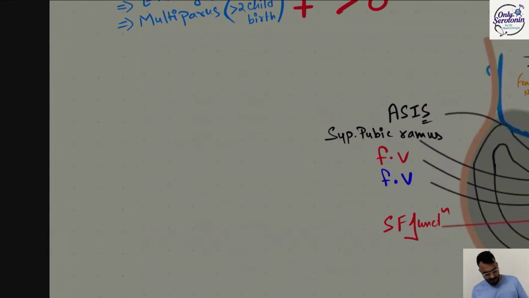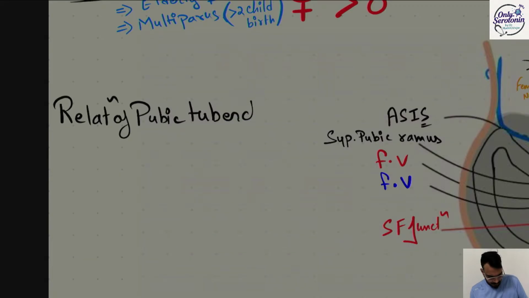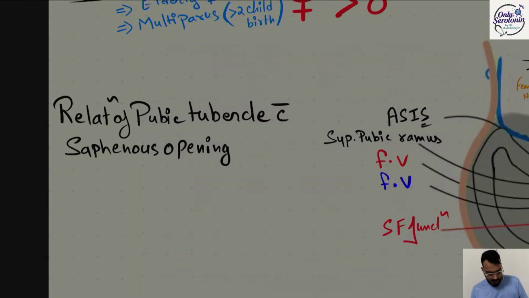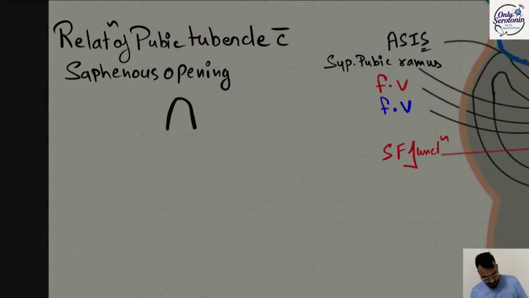The next question in a viva a teacher can ask you is about the relation of the pubic tubercle with the saphenous opening. Anyone who can answer this, guys? What is the relation of the pubic tubercle with the saphenous opening? I am having the pubic tubercle here and the saphenous opening here.